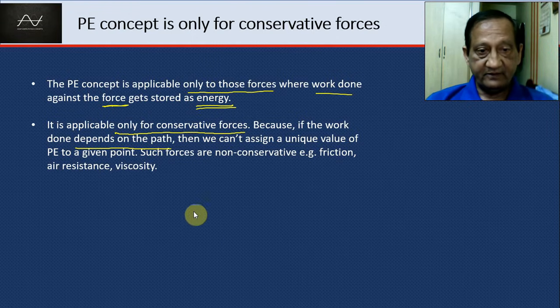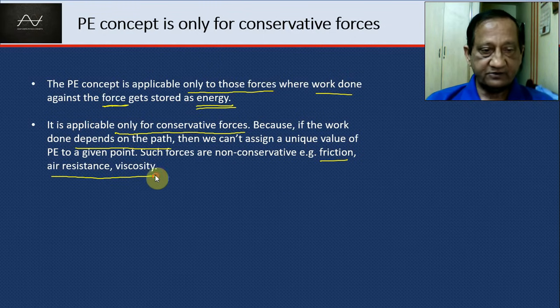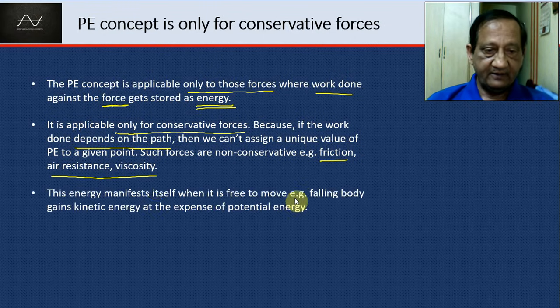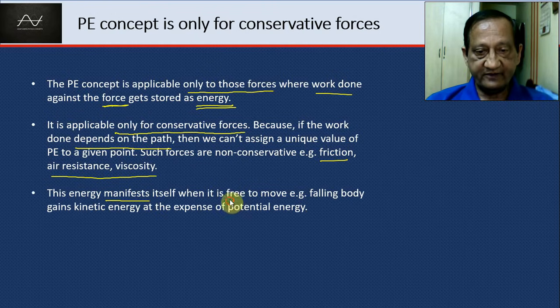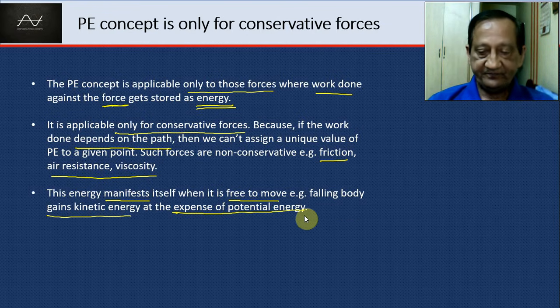That is why we cannot apply this for non-conservative forces like friction or air resistance or viscosity. The energy, potential energy, manifests itself when it is free to move. A falling body gains kinetic energy at the expense of potential energy.